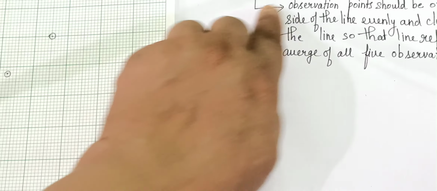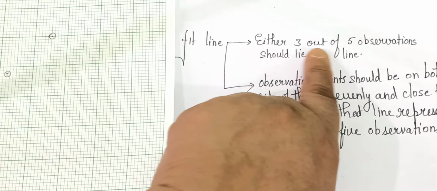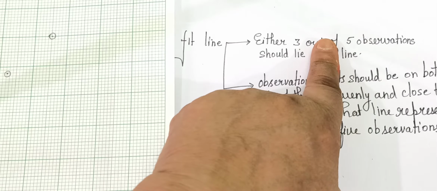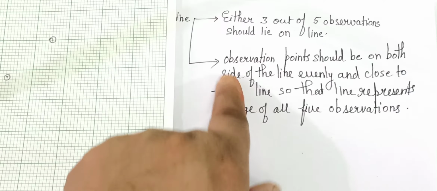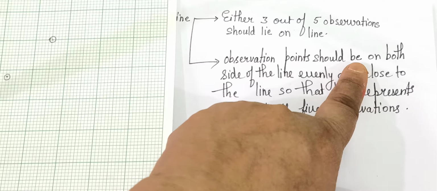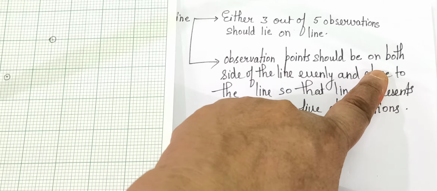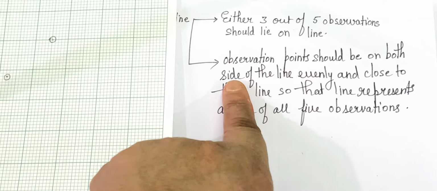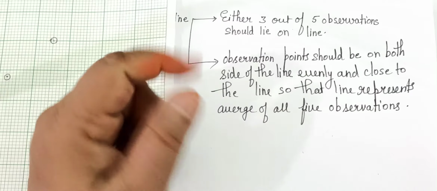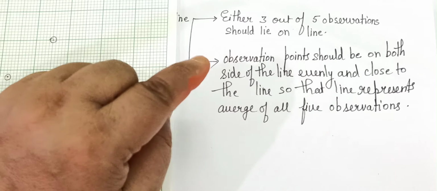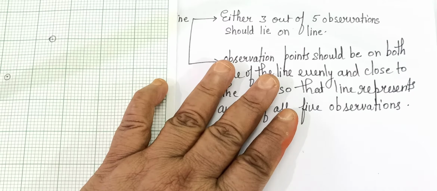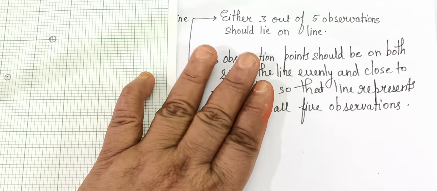The best fit line is one where either 3 out of 5 observations lie on the line, then that line will be known as the best fit line, or the observation points should be evenly distributed on both sides of the line and close to the line, so that the line represents the average of all 5 observations, if the 3 out of 5 are not on the line.